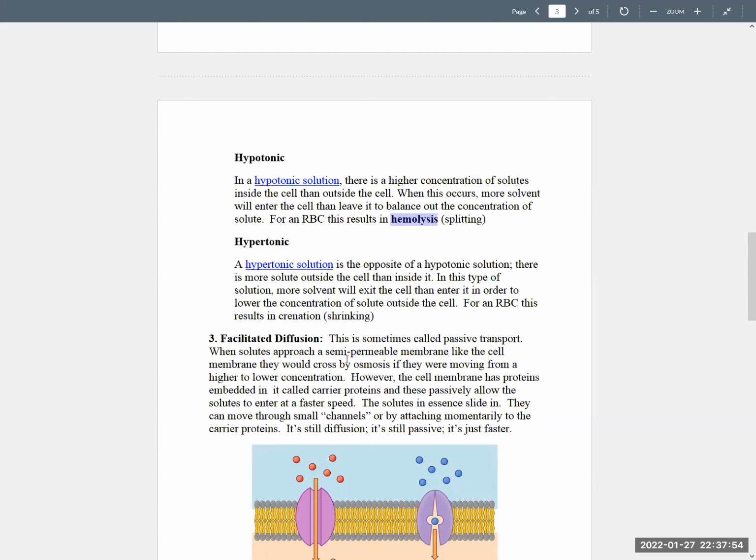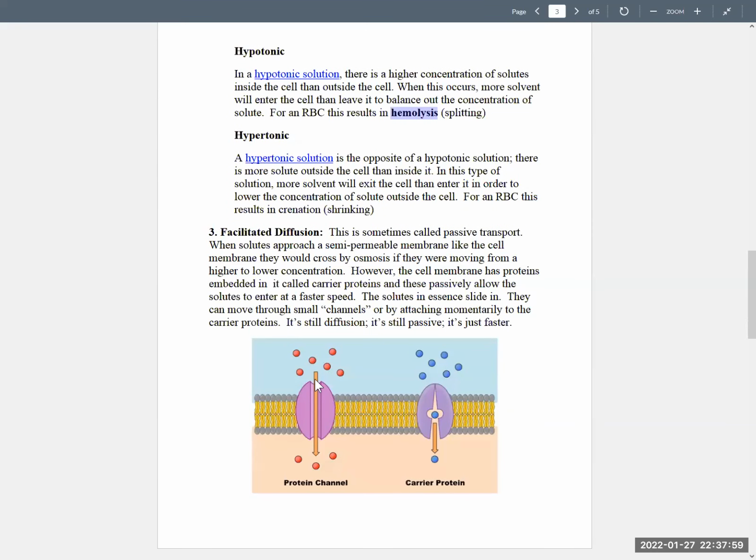And the solids, when they get there, just rush in, faster. Here's normal. And here's what we call carrier proteins, which pull them in rapidly. Don't be confused by the fact that there are three over there. They've had more time, and only one over here. Facilitated diffusion is diffusion that takes place faster than we would normally expect it to.